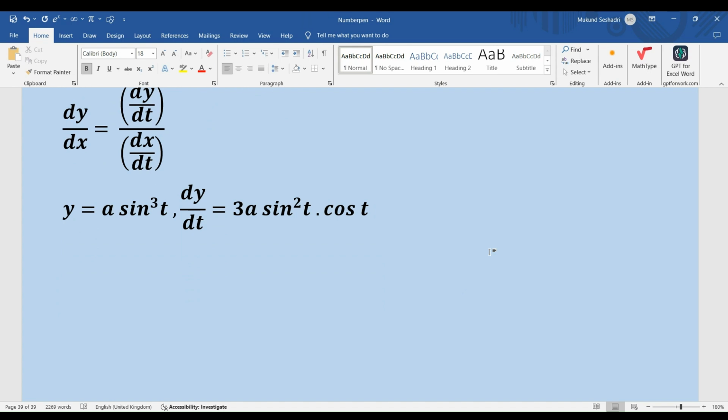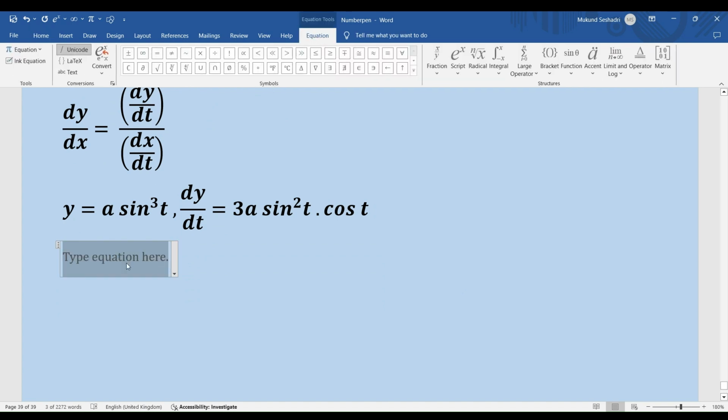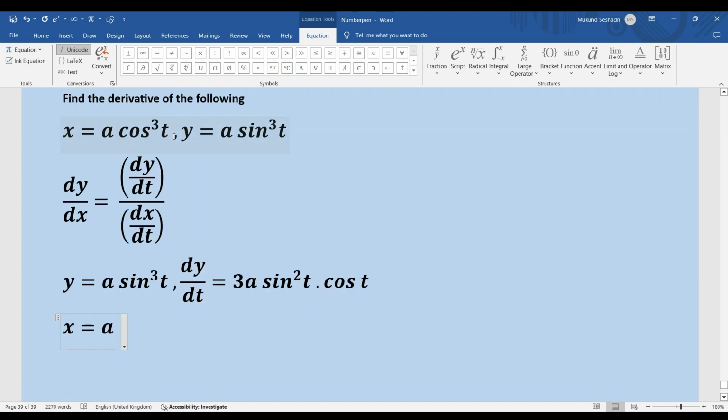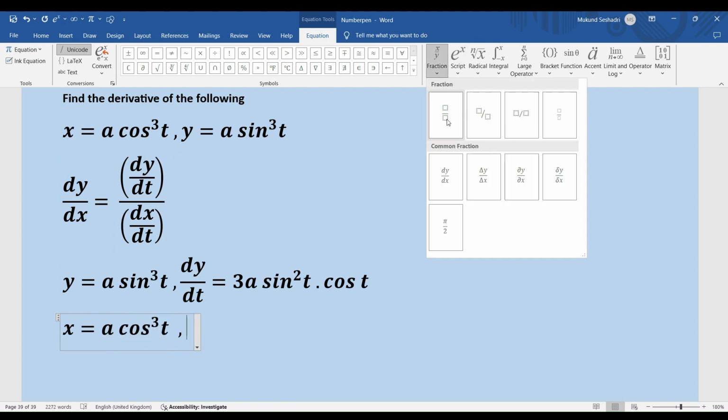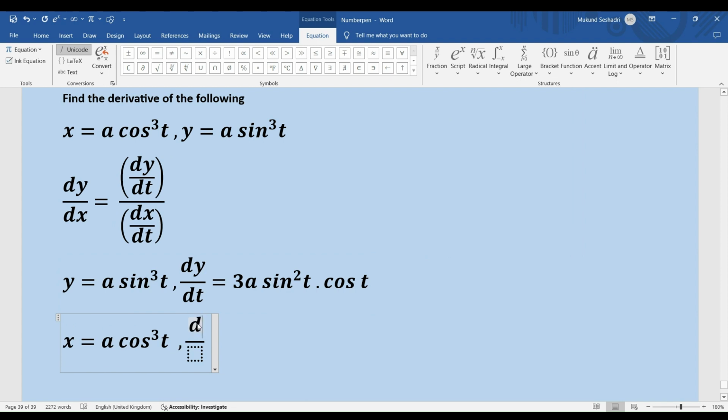And then my step 2, I write down my x, which is a cos cube t. So let's write down our x, and what we need is dx by dt, right? So my dx by dt, again I apply the chain rule like what we did in the case of y. So I differentiate the outer function with respect to the inner function, which is cos t.